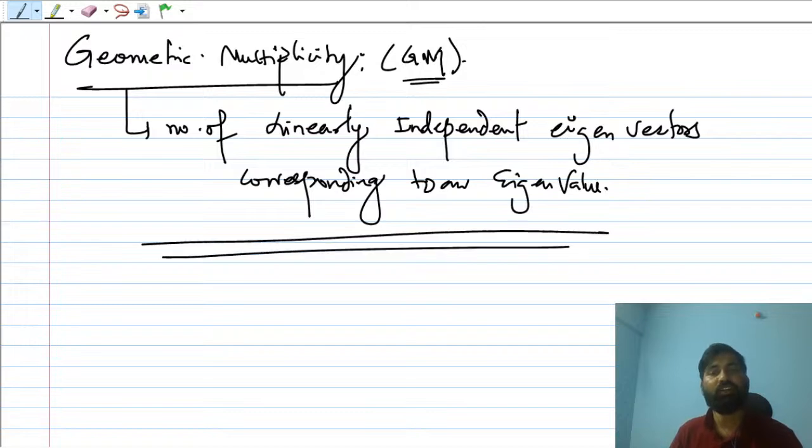That is the definition of geometric multiplicity. You have to keep in mind these two definitions.